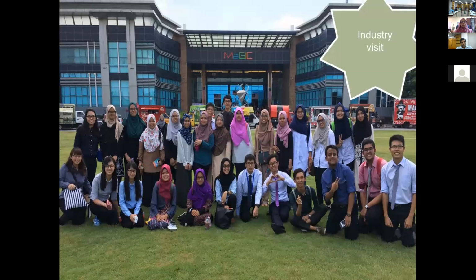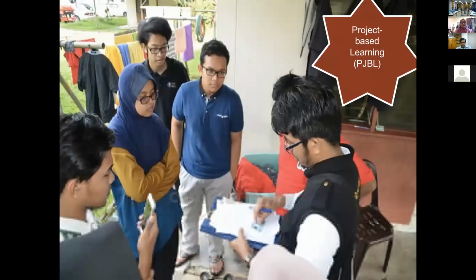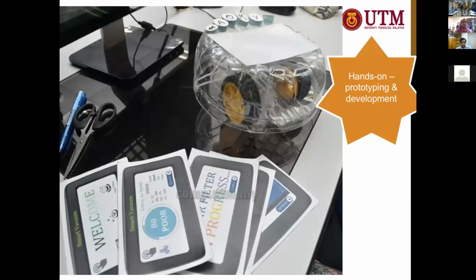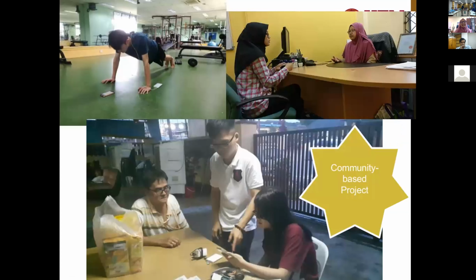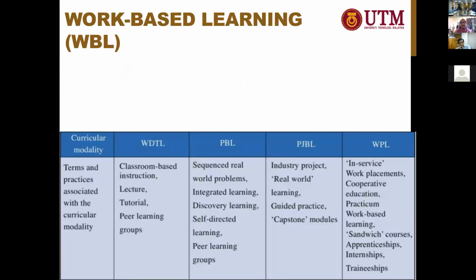So what we integrate into the courses are industrial visit, problem-based learning, project-based learning, hands-on prototyping development, community-based projects, and service learning. These are among the activities that we integrate into our curriculum.